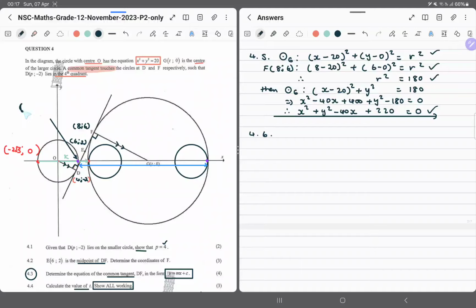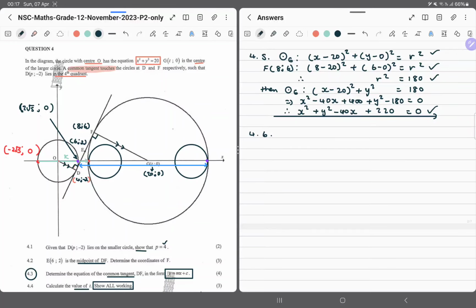Now, we know that essentially the y value is 0 because that's the x-intercept. But if this is the center 0 and we are moving 2 root 5 units to the circumference, this should be basically positive 2 root 5 by inspection. So there's no need for crazy calculations, but you can if you don't trust it. That's how it works. So we know that here at G we've got (20, 0).